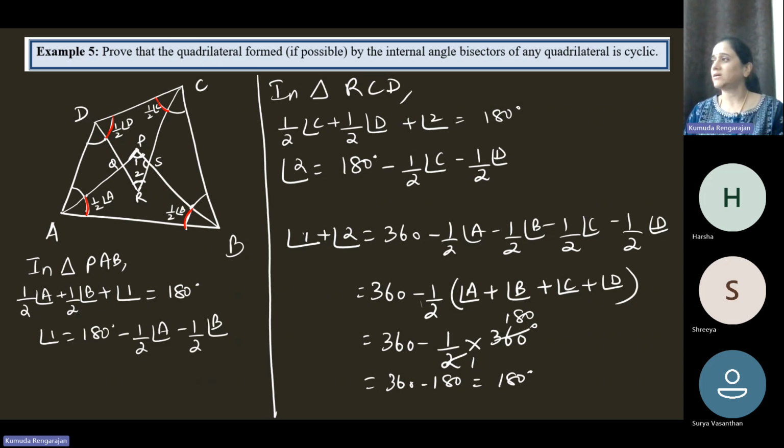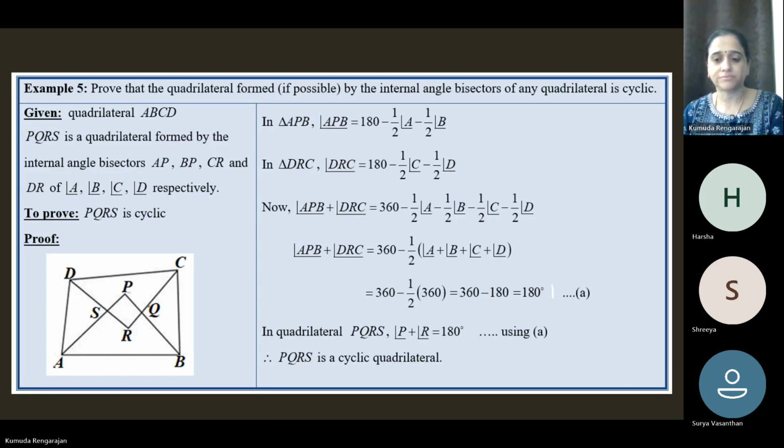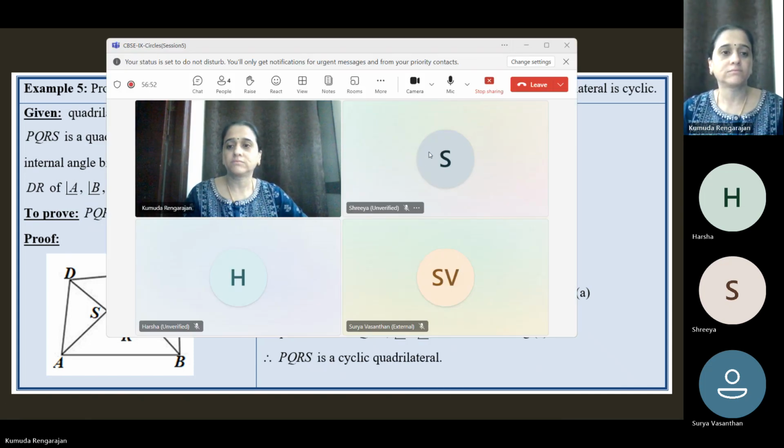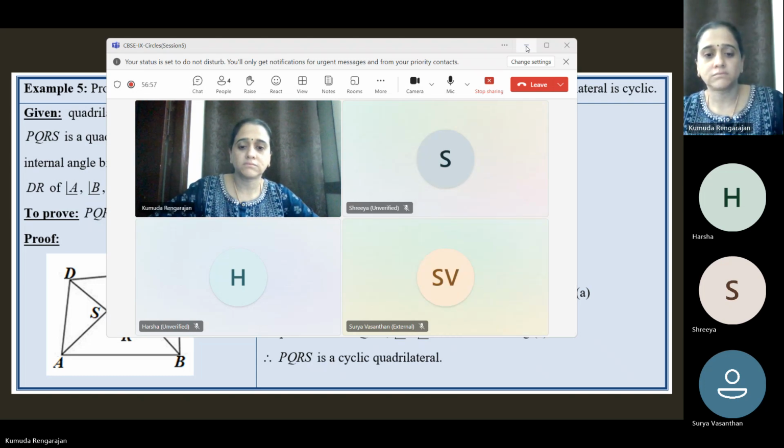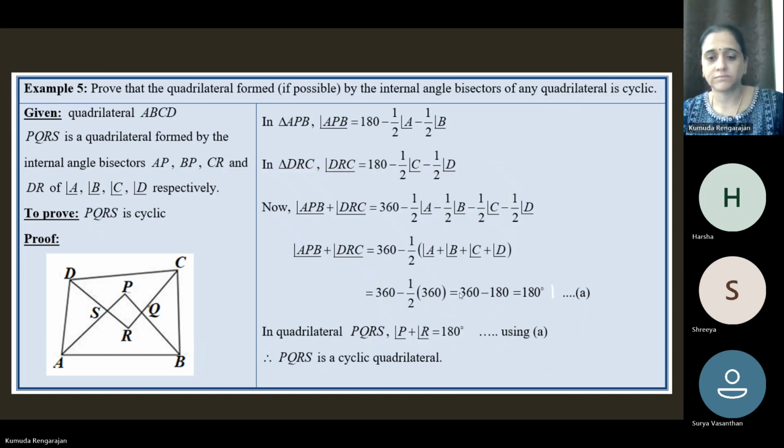Therefore, PQRS is a cyclic quadrilateral. All right, that's it. Next one.